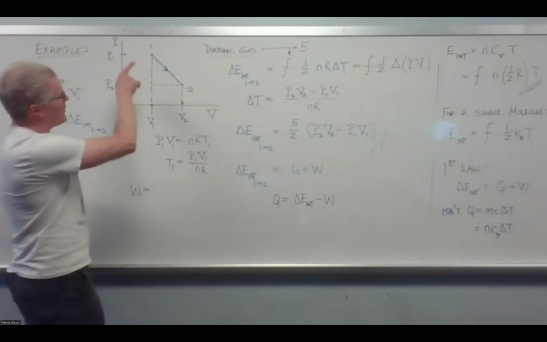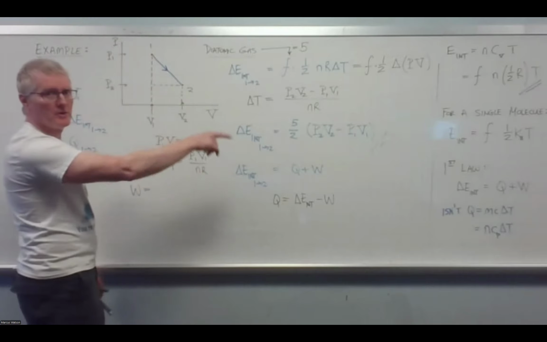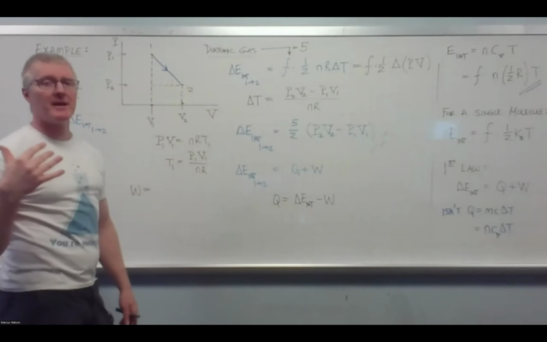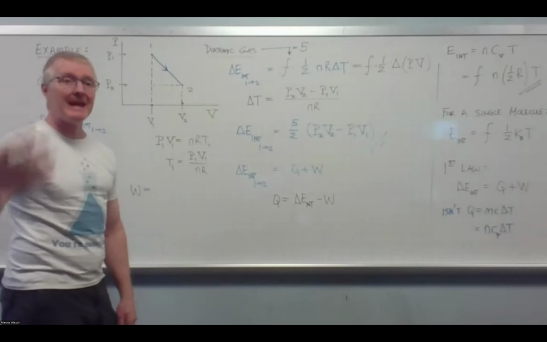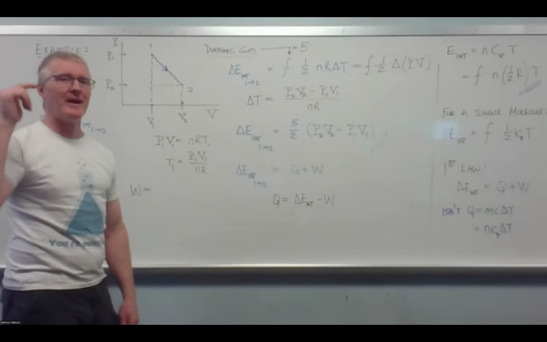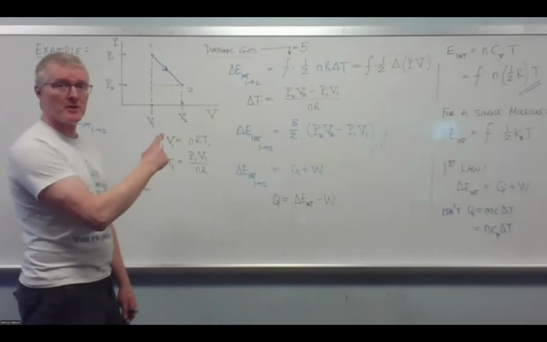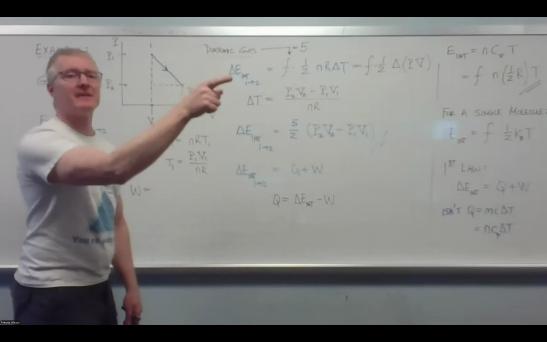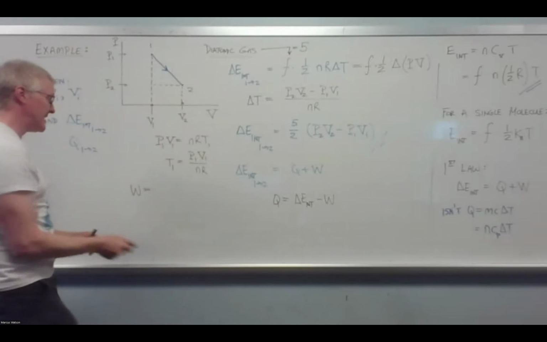Since I'm going that way from 1 to 2, then the area is going to be positive, but I know that my work is going to be negative, because when it's an expansion and V2 is greater than V1, the work is essentially energy leaving the system. So my work should be negative overall.